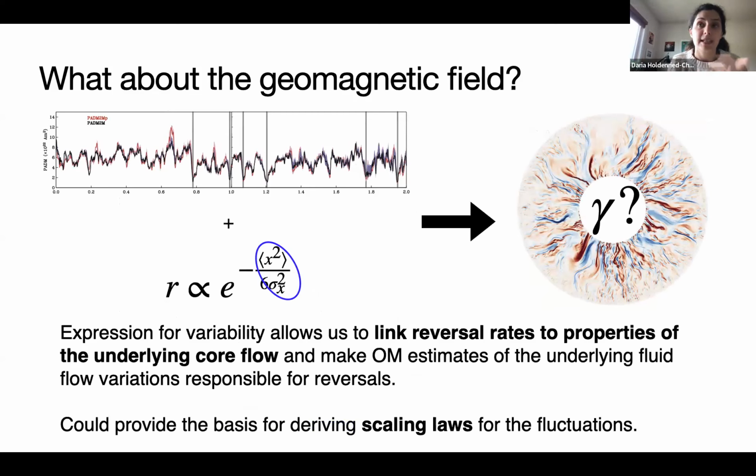And what's interesting about that is that if we combine it with paleomagnetic observations, which tell us about the reversal rates, maybe we would be able to learn something about the correlations of the velocity that underlie these reversals. So that's the idea of what we're trying to do. And in principle, maybe this could also provide the basis for deriving scaling laws for the fluctuations, which might be quite interesting.